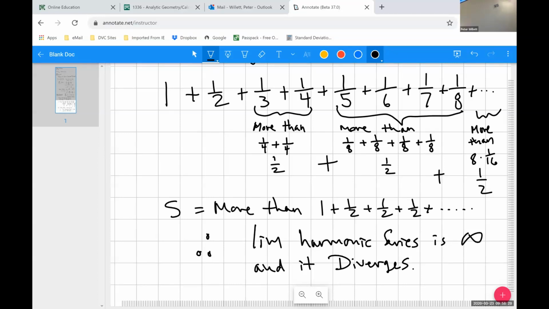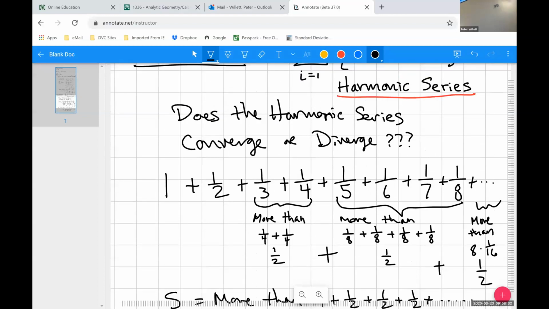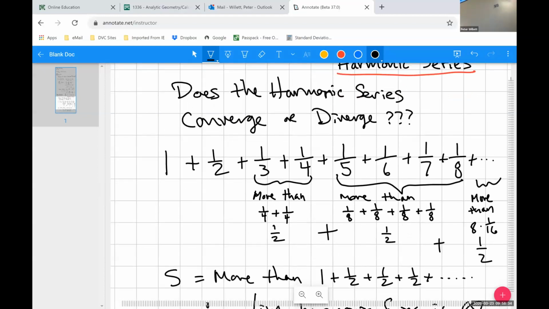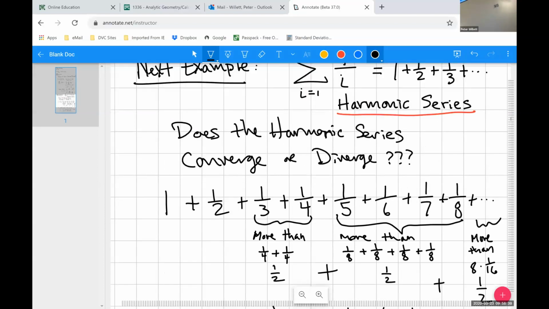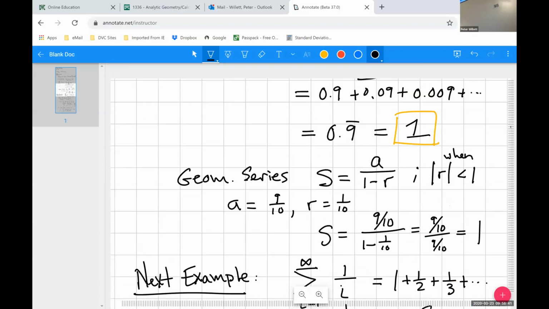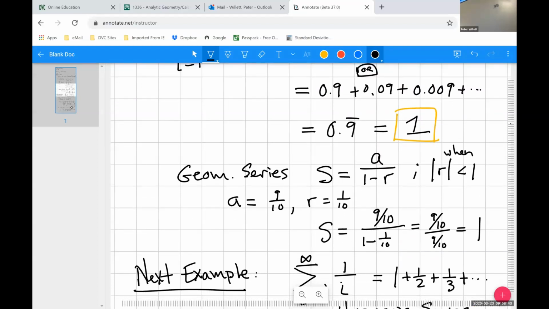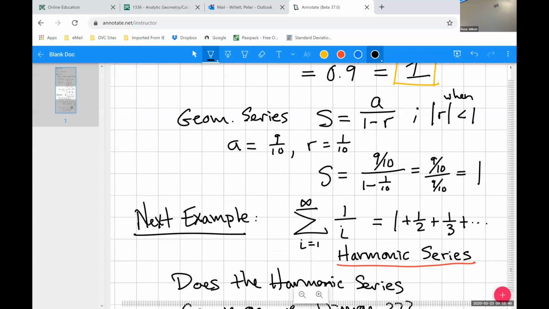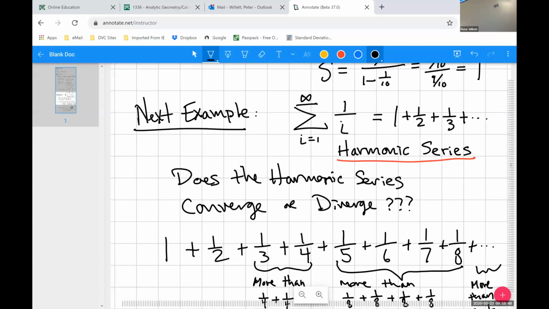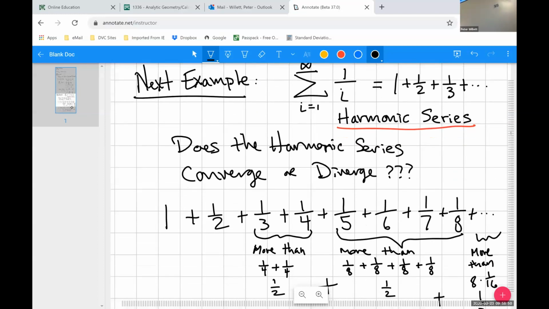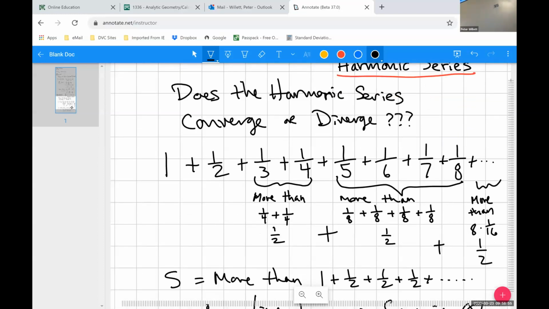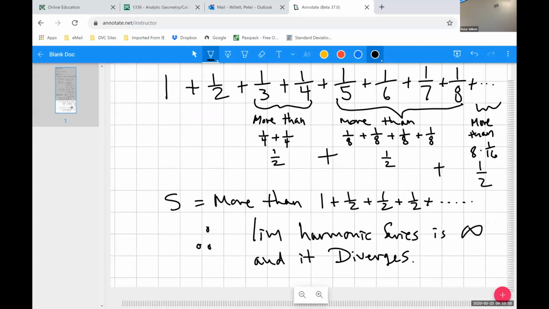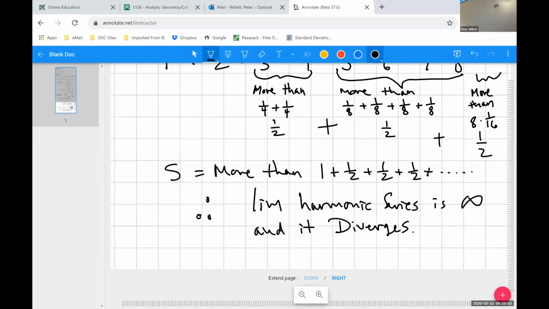Okay, so I wanted to begin with an example of a series that converges. We looked at this initial geometric series that converges to 1. And then also the harmonic series, because this is an example of a series that diverges in spite of the fact that the numbers themselves that are being added are getting smaller and smaller and heading towards 0, but it still diverges.